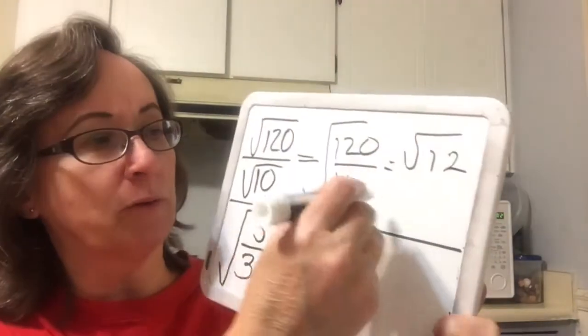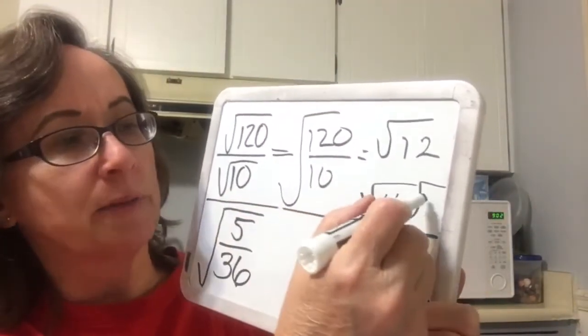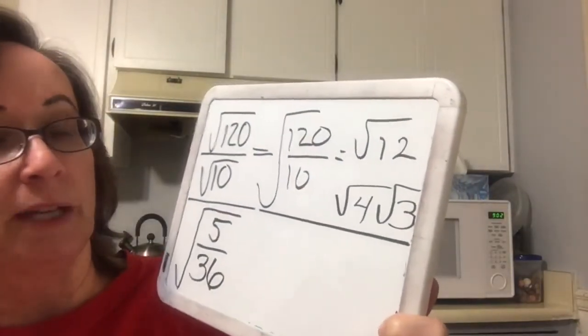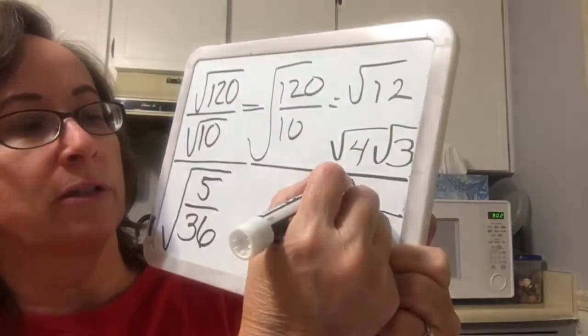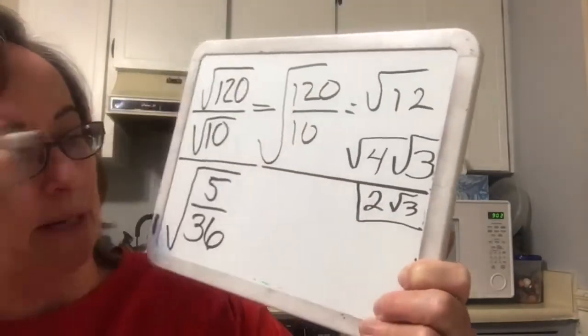And then 12 will break up into the square root of 4 times the square root of 3. And the final answer then would be 2 square root of 3. I ran out of board, so I'm going to put it right here. So 2 square root of 3 is the final answer for this one up here.